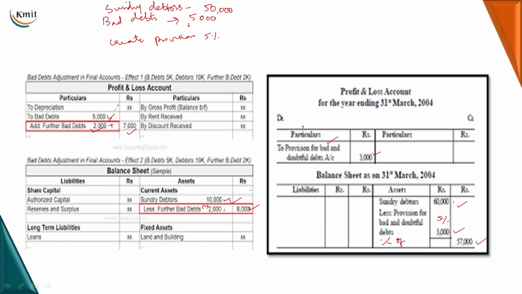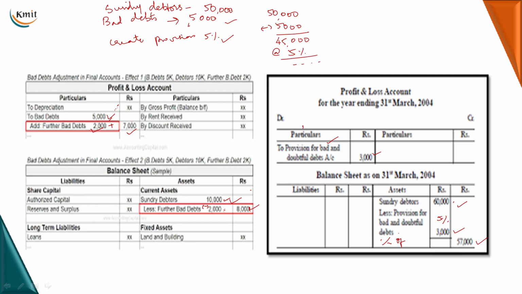So how both adjustments have to be incorporated here is, from the 50,000, first you deduct the bad debts amount, that is 5,000. So your outstanding debtors would be 45,000, on which you are supposed to create this provision at the rate of 5%.